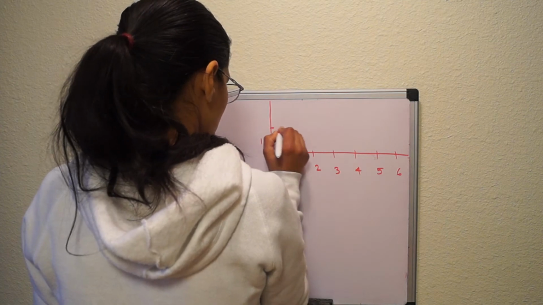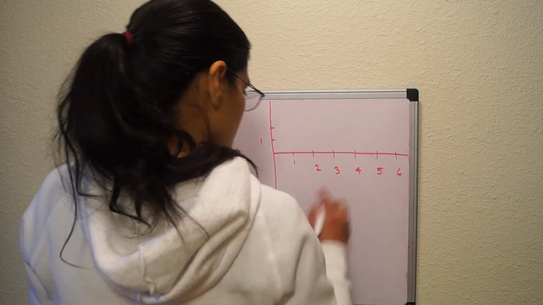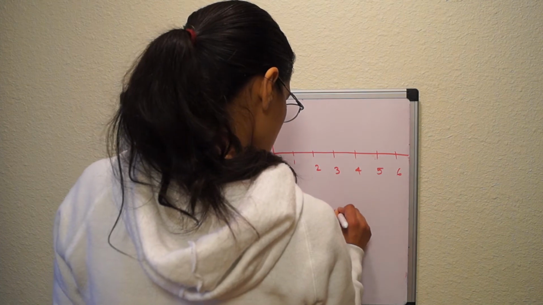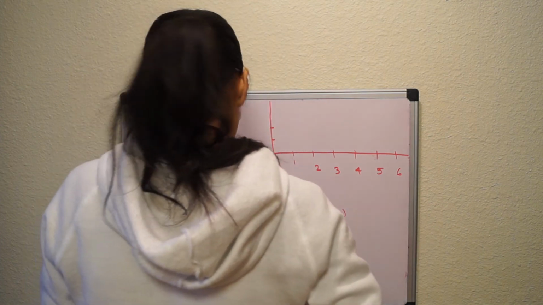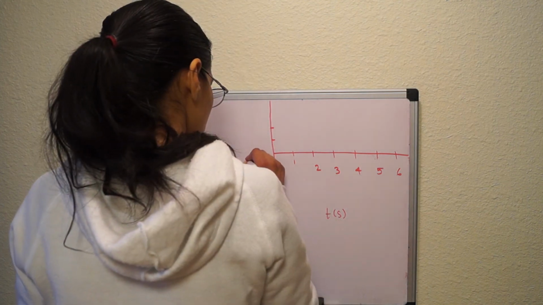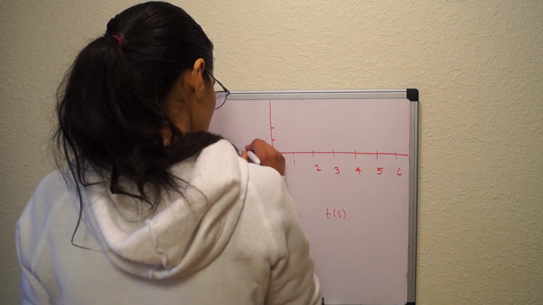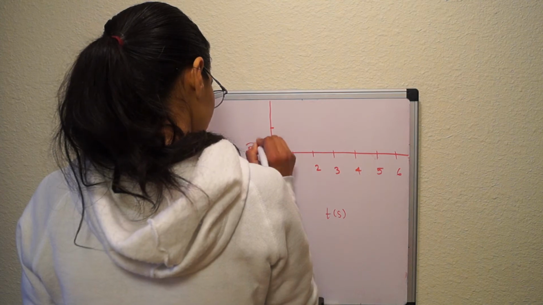This is the time in seconds on the horizontal axis, and on the vertical axis we have position x in meters, okay?